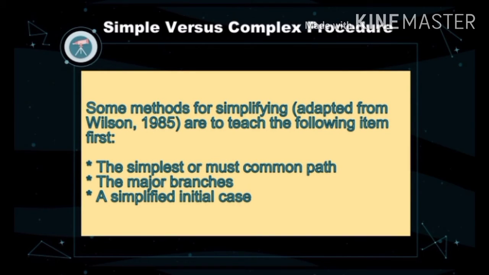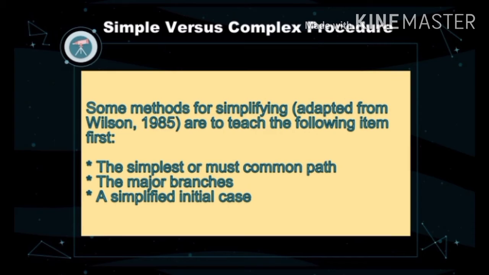Okay, simple versus complex procedure. Simple procedures may be taught straightforwardly, with steps presented and demonstrated and then practiced. Complex procedures must be simplified for their initial instruction. Later, the procedure can be elaborated into its more complex form.